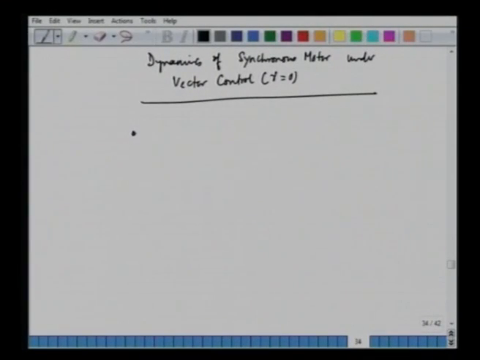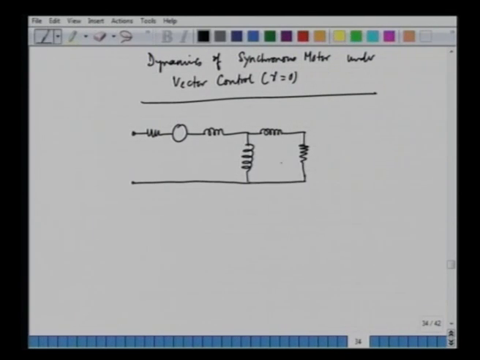So, we can write down the equivalent circuit in the D axis and the Q axis respectively. In the D axis we have the resistance, the back EMF, the leakage inductance of the stator, the magnetizing inductance of the stator, then the leakage and resistance of the damper winding, and the leakage and resistance of the field winding, and then the voltage of the field winding.